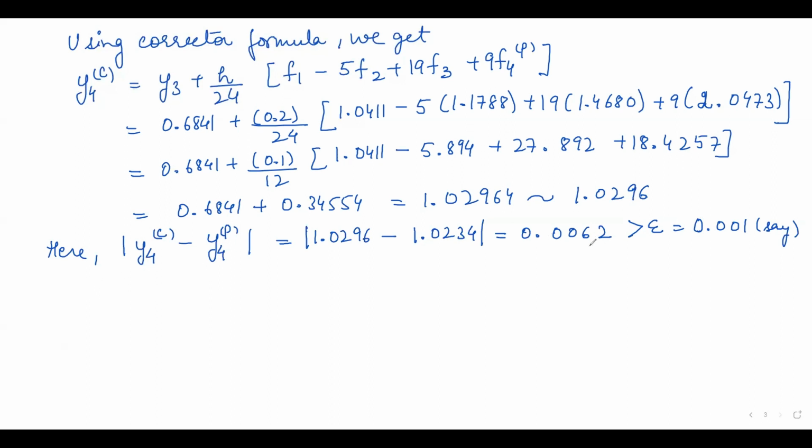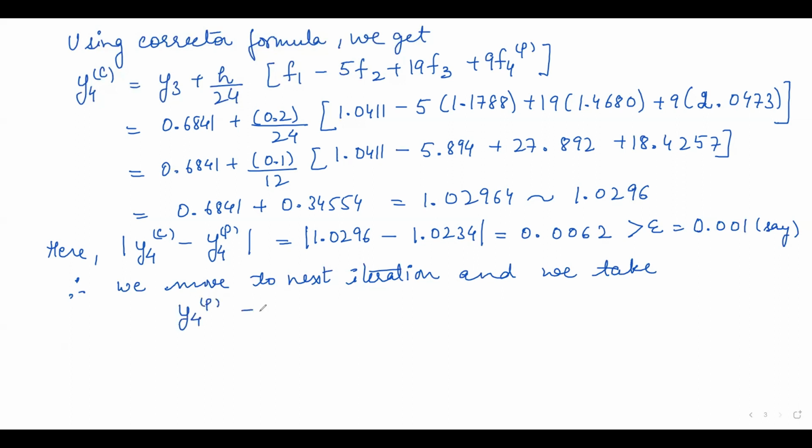So as this is greater than epsilon, therefore we move to the next iteration, and we now take the y4 predicted value here as 1.0296.